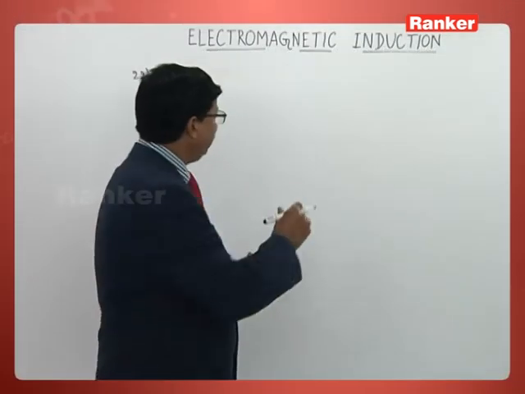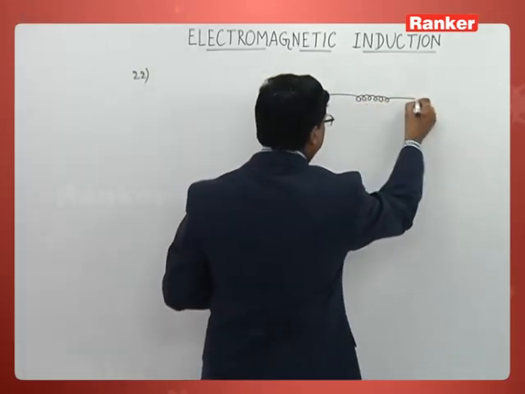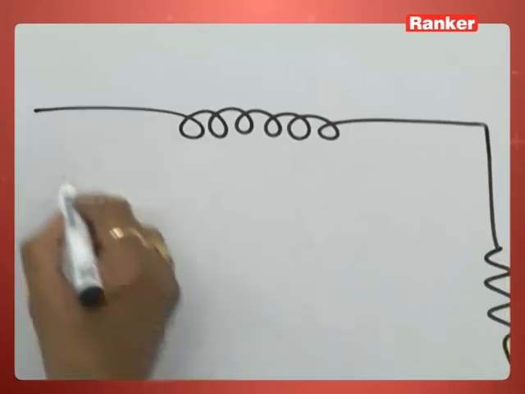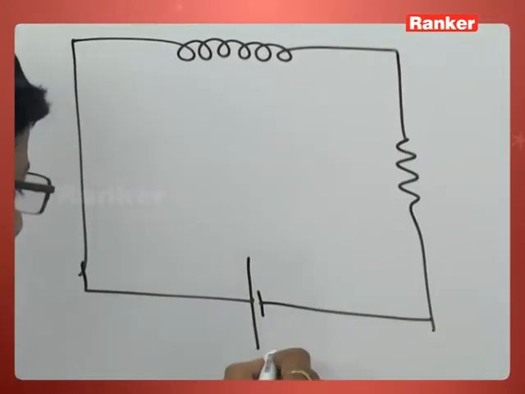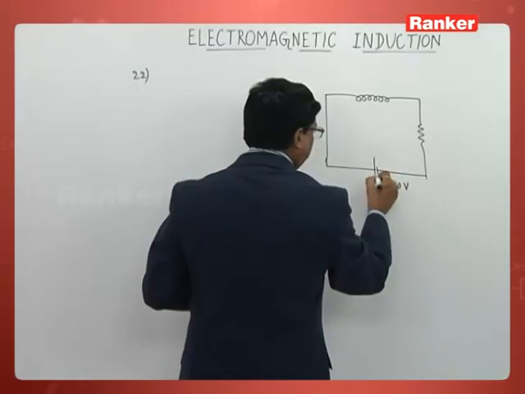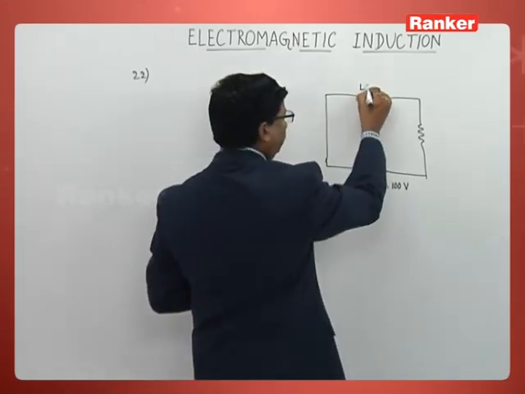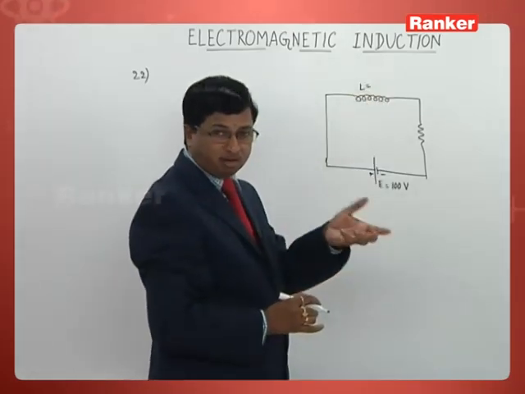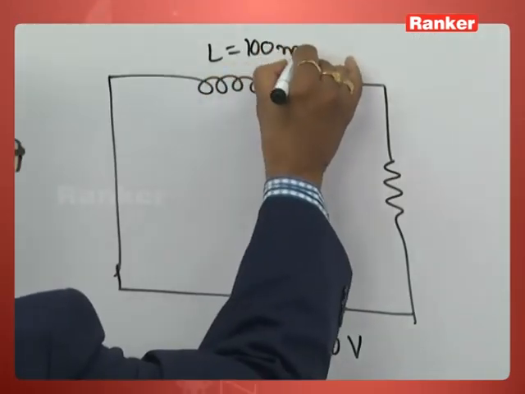He is just giving us a small circuit here. There is an inductance coil, there is a resistor over here, and there is a cell which has been connected over here of EMF 100 volt. This is what has been given first. And the inductance value he has given is 100 millihenry and the resistance 100 ohm. So this is 100 millihenry.